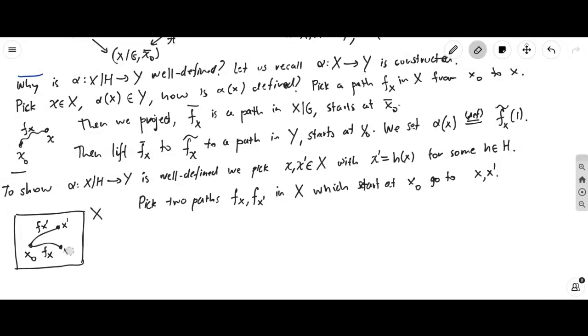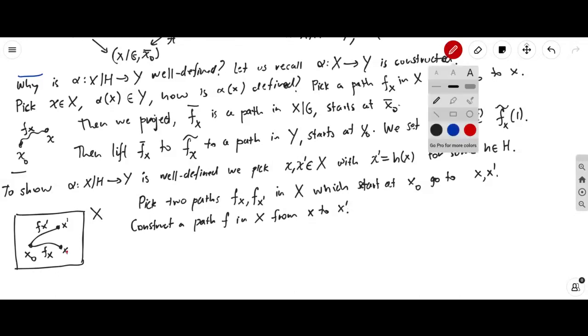Now, notice that we have an x and we have an x prime, and there is no homotopy anymore between these two. This is where things get a little bit more difficult. But you can construct a path from x to x prime. So now you're going to construct a path f. This is a path in x from x to x prime. So you're going to pick some path over here. I'm going to call it f from x to x prime.